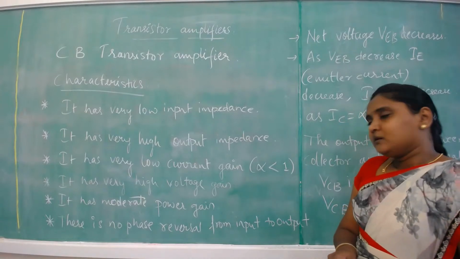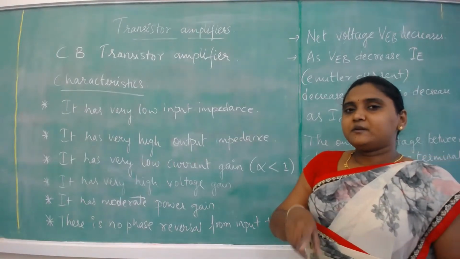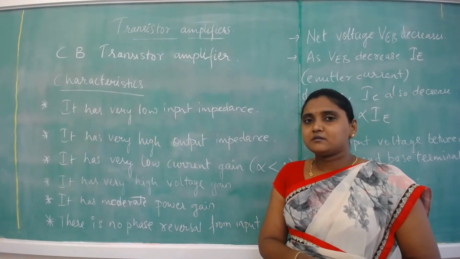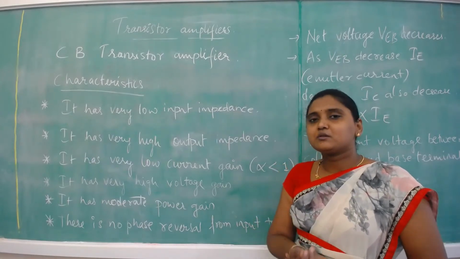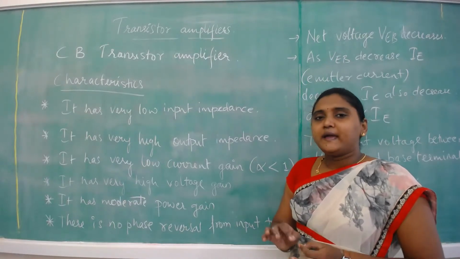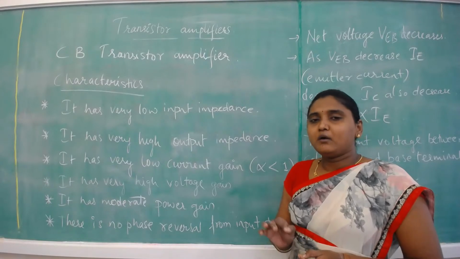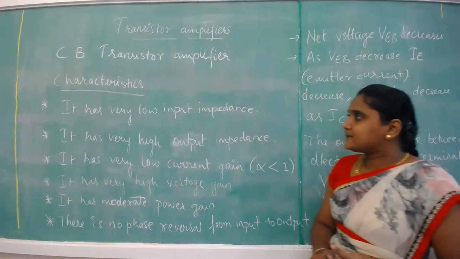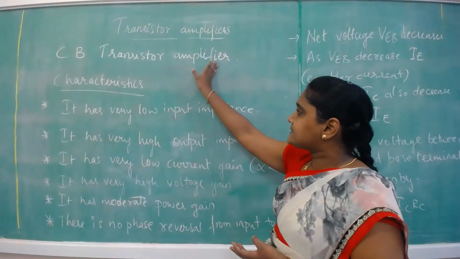Whenever the input signal has a positive cycle, output will also have a positive cycle. There is no degree angle of phase reversal between input and output. So these are the characteristics of CB transistor amplifier.